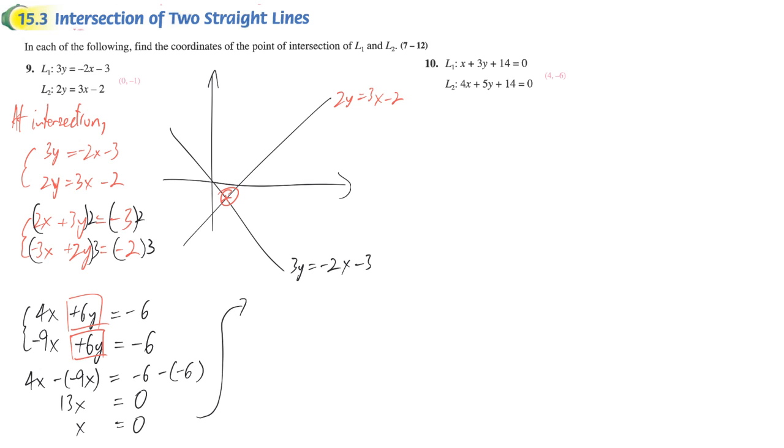To get the y coordinate, you can use either equation because the point lies on both lines. So whichever equation you use, you should get a consistent result. Let's say I use the first one.